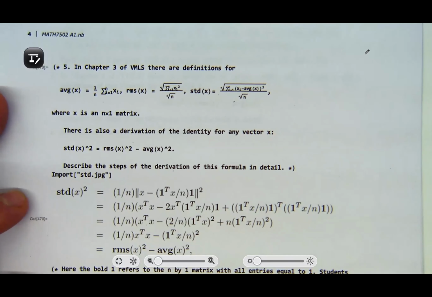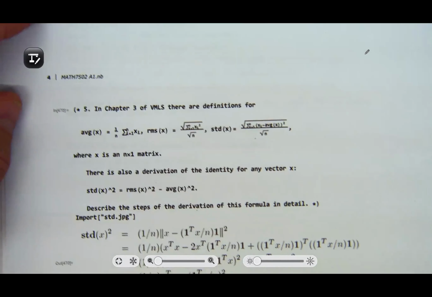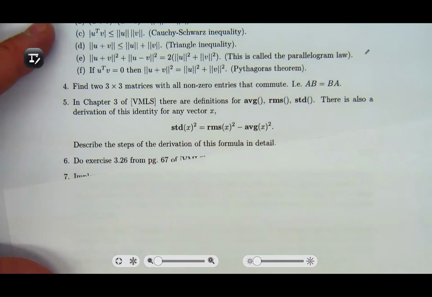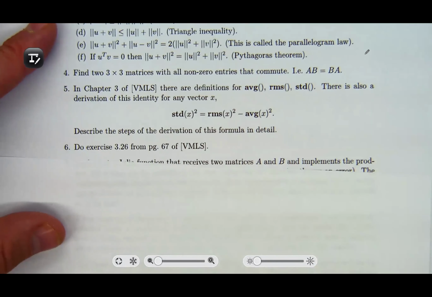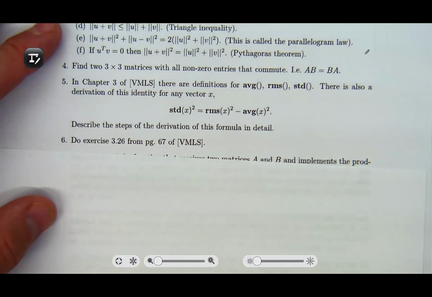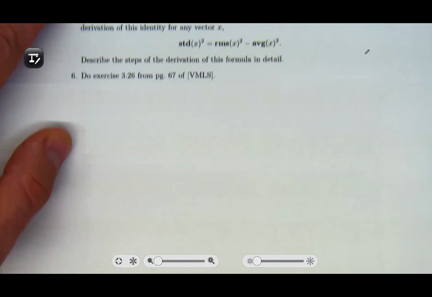All right, that's all I'm going to say about that one. It looks like we're at 10 to the hour, so I had better hurry up and talk about question 6. Question 6 says, do exercise 3.26 from page 67 of VMLS.